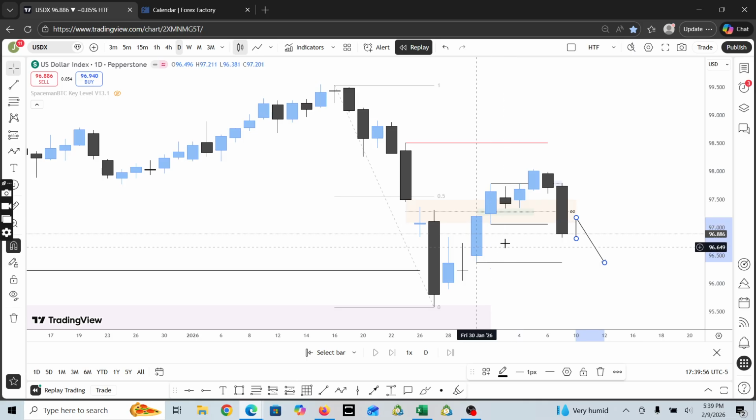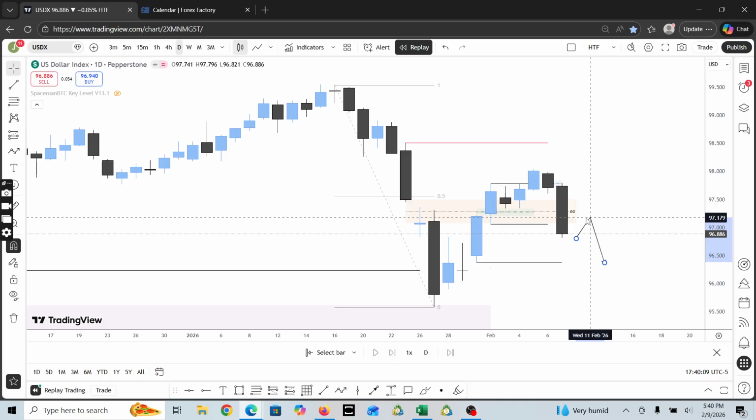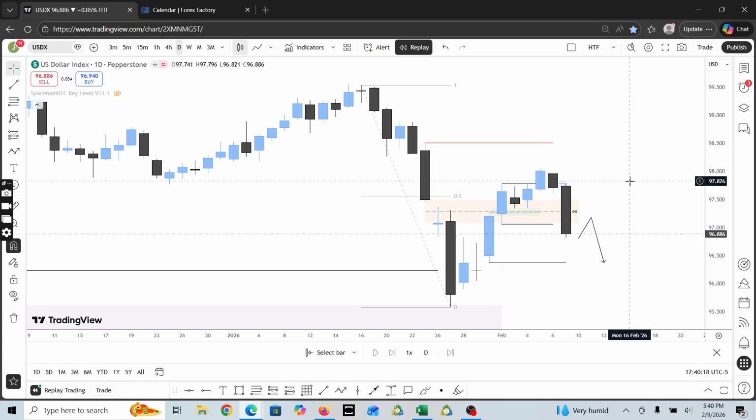A close below this into this sell side liquidity, this and that, all of them here are a draw on liquidity. So as the week develops, we'll definitely see, but we should keep an eye on our targets and see how the daily candle closes and also how the H1 forms during the intraday.